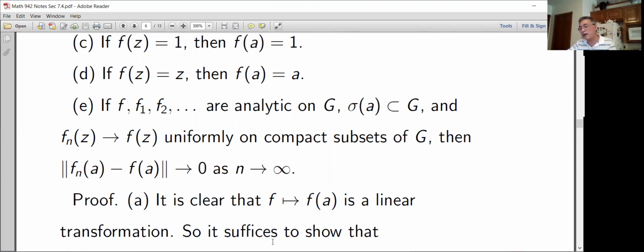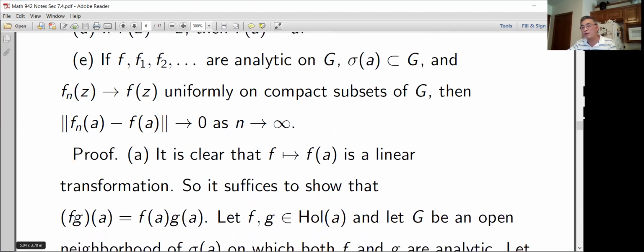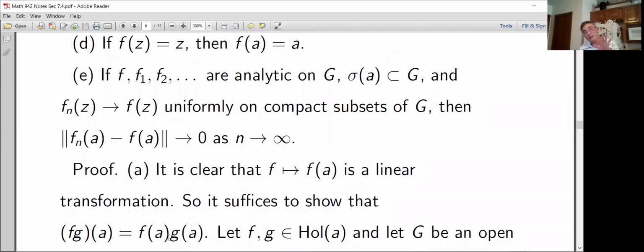So it suffices to show that if you have two functions f and g, then fg is a function, and fg of A is just equal to f of A times g of A. This is the only thing we need to prove, and it is not that obvious. It is very obvious that it is a linear transformation, but what we have to prove is not that obvious.